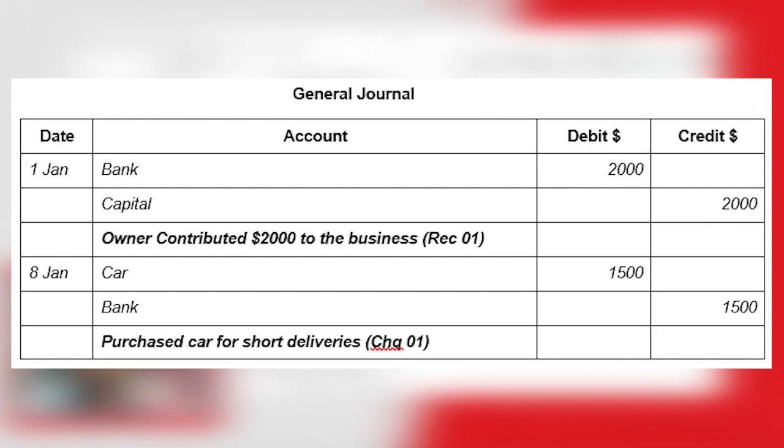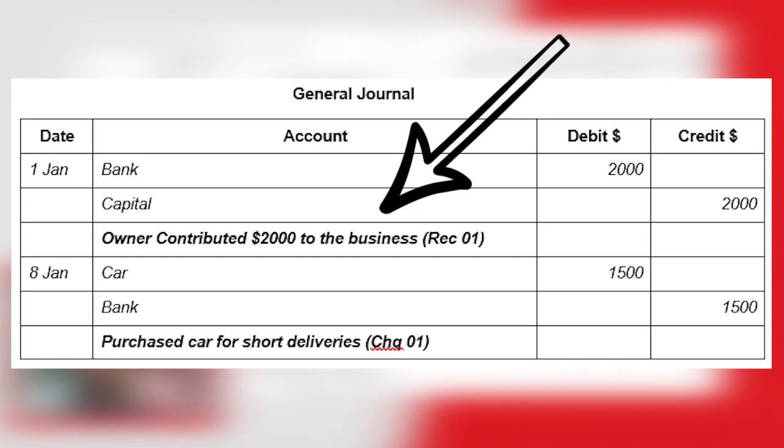Now, bolded underneath is the annotation or narration. The narration is, for me, something you only include when specified. It is a good practice to do it, especially in earlier chapters.